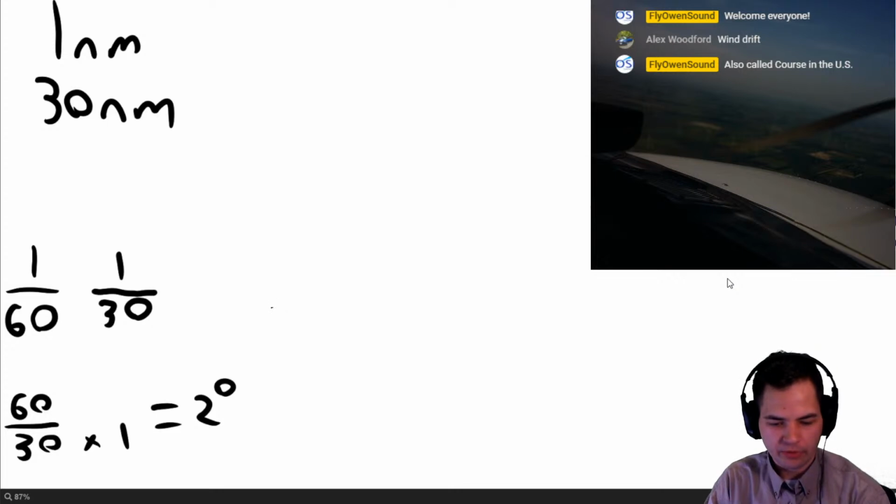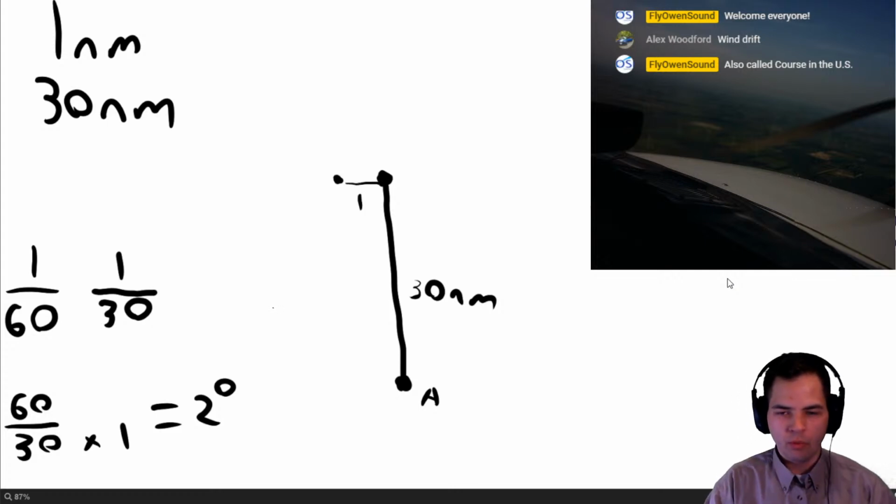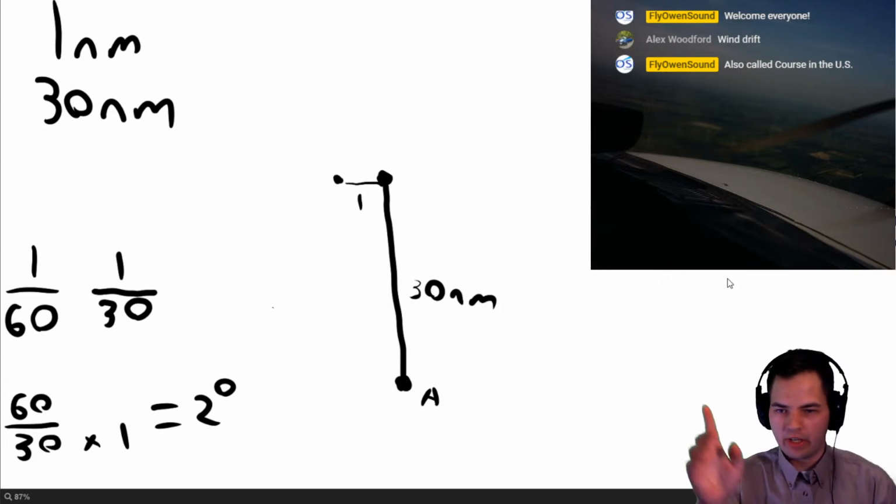Let's reality check that for a second. We've got point A. We fly 30 nautical miles, and we end up 1 mile off track. What if we were to fly 60 miles at that same angle?